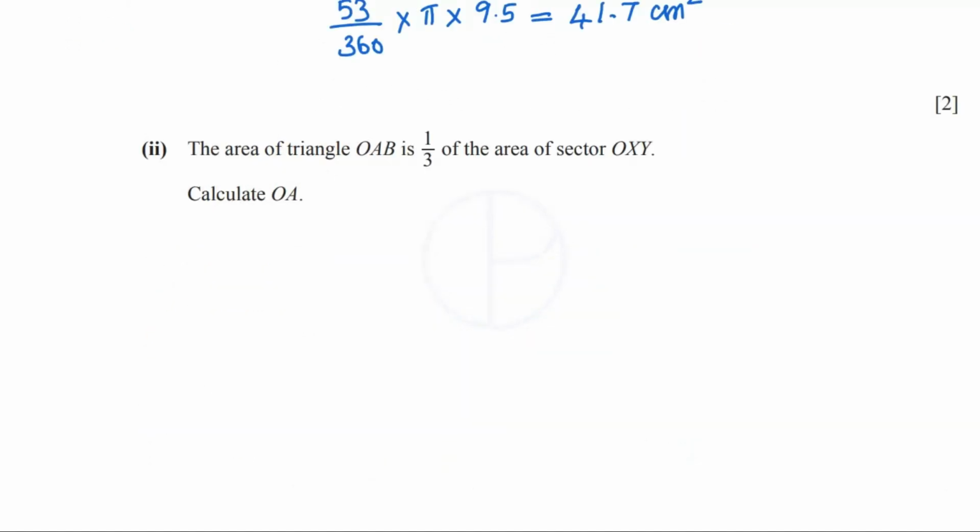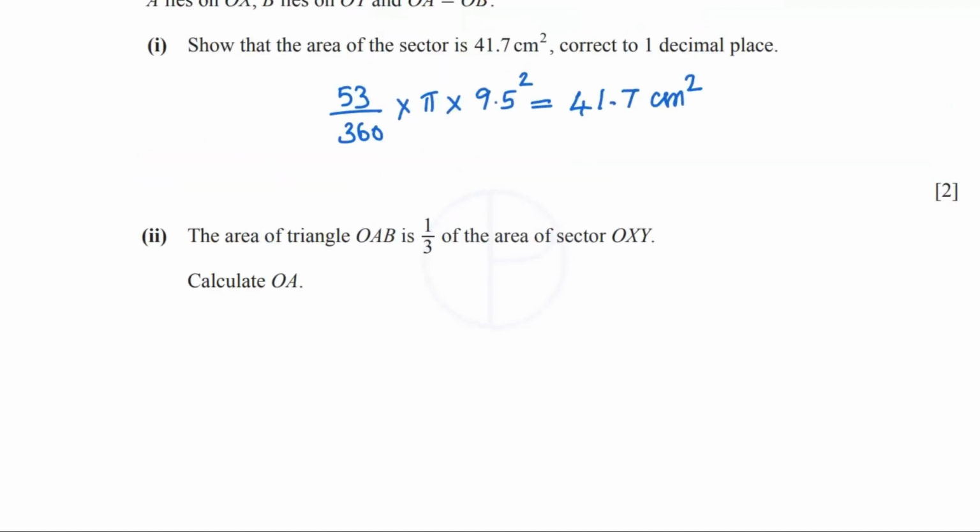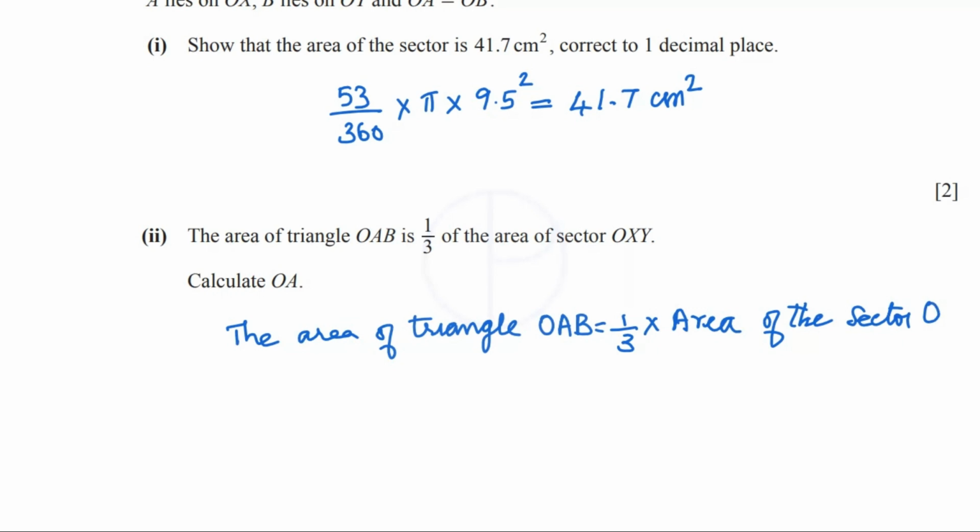The next part of the question is the area of the triangle OAB is 1 by 3 times of the area of the sector OXY. So the area of the triangle OAB is equal to 1 by 3 times area of the sector OXY.